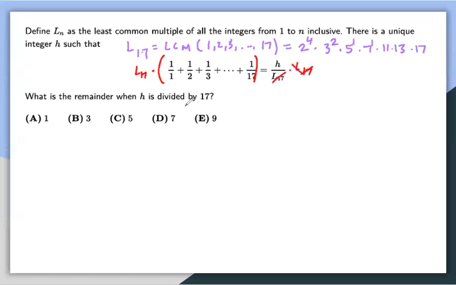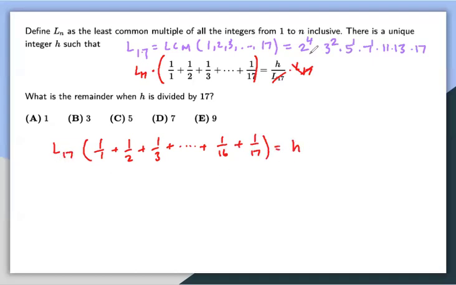The left side becomes L(17) times 1 over 1, 1 over 2, 1 over 3, all the way to 1 over 17. I'm going to write 1 over 16 as well. And then this is equal to h.